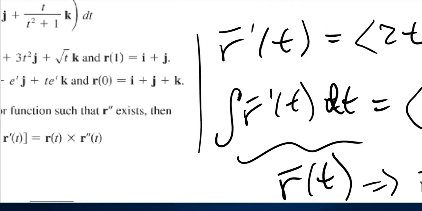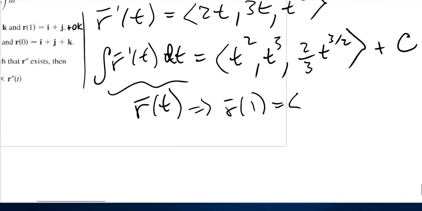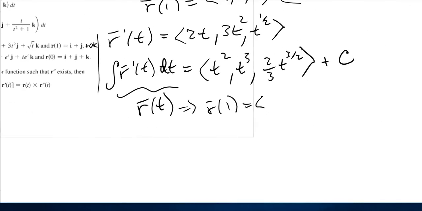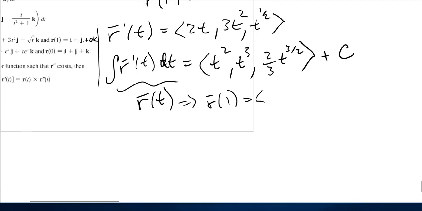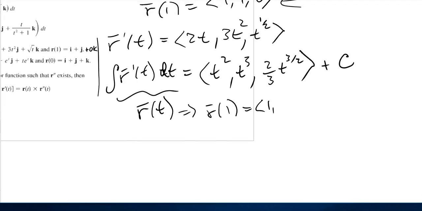See right here, it was i plus j plus 0k is really what's there. I was getting worried because there's a z component here, and there was no z component in the 1, 1. So r of 1 was 1, 1, 0, and that's equal to t squared, t cubed, and 2/3 t to the 3/2 power.